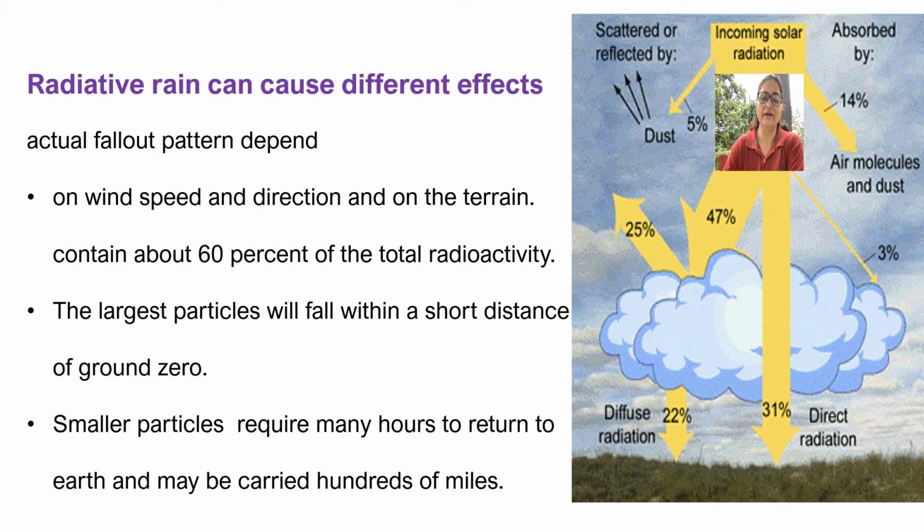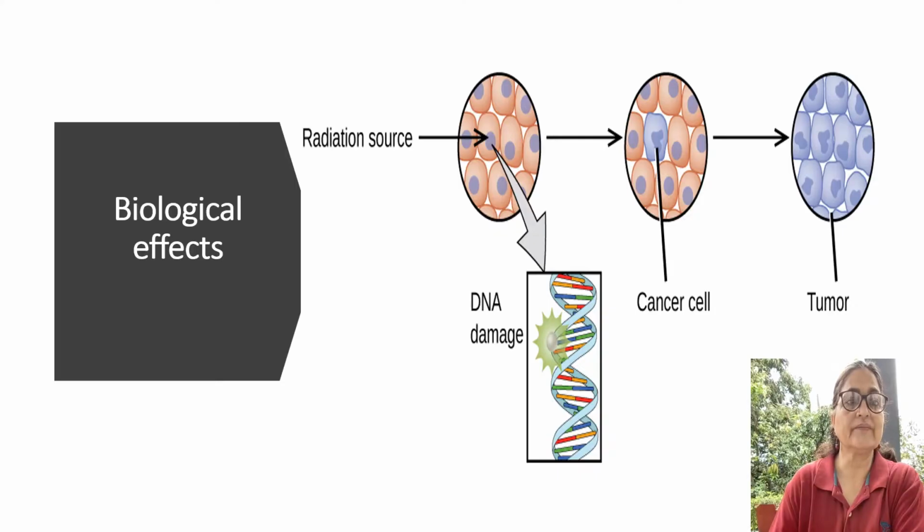Then it can contaminate our atmosphere, our earth, our crops, our vegetables, our vegetation, or it can harm human beings also. So that is the pattern of how radioactive fallout contaminates our Earth's surface.